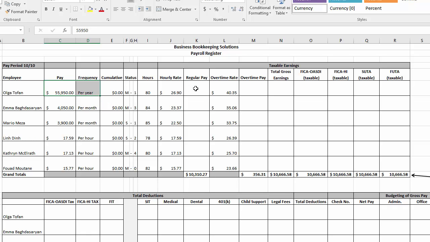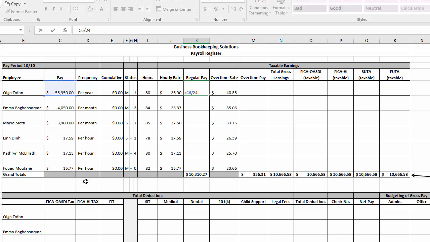To calculate Olga's regular pay for the first 40 hours, you say equals her annual rate divided by how many pay periods in a year. We said this company is paid semi-monthly, so that means 24 pay periods.